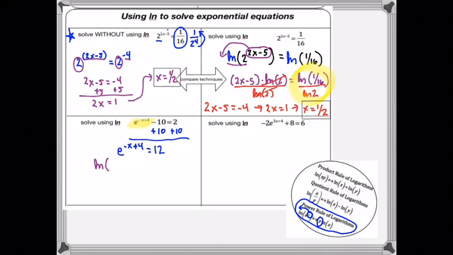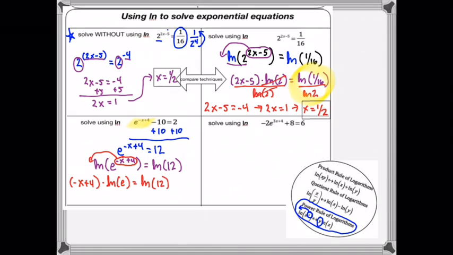So that is going to give me the natural log of e to the negative x plus 4 equals the natural log of 12. As we planned, this comes out in front, so we can actually solve for that variable. And I have negative x plus 4 times the natural log of e equals the natural log of 12.